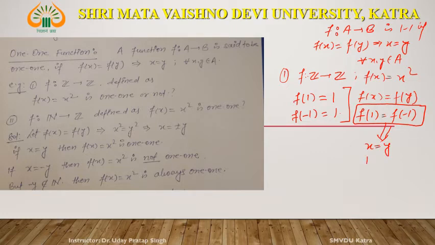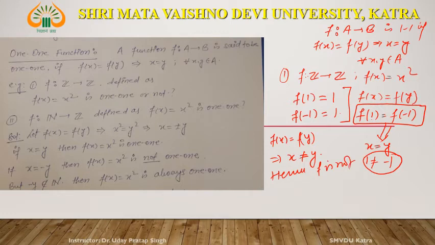Here f(1) equal to f(minus 1), but x is 1 and y is minus 1. Whether these two are equal? No, this is not equal. So f(x) equal to f(y) does not imply x equal to y. Hence, f is not one-one.